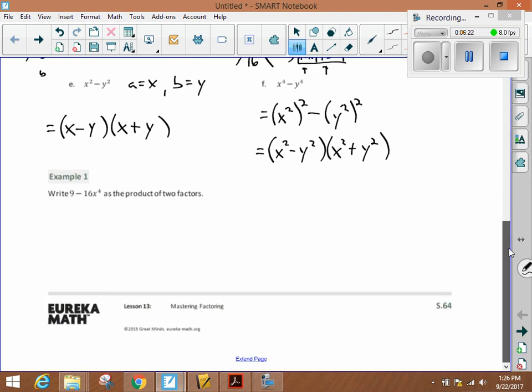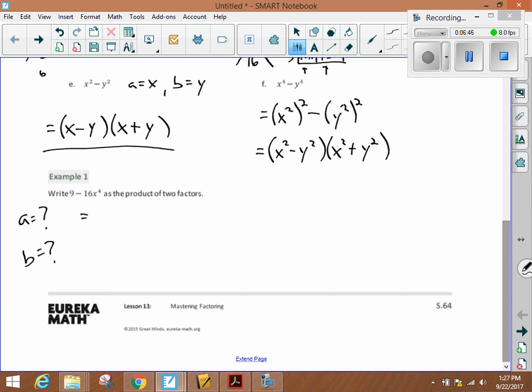All right, so let's write 9 minus 16x to the fourth as the product of two factors. In other words, it's going to be the product of two binomials. We're going to do that to it, right? That's what's going to happen. So again, I would need to identify what is a and what is b in this thing.